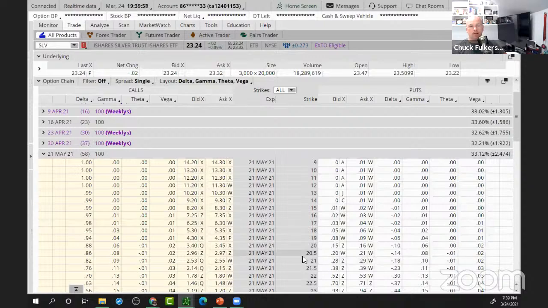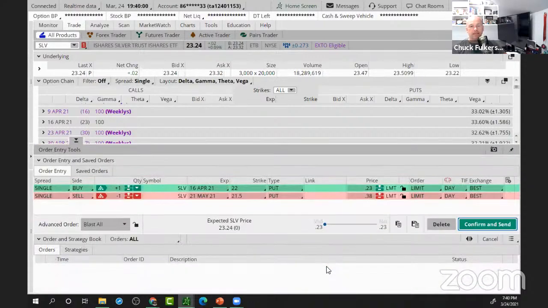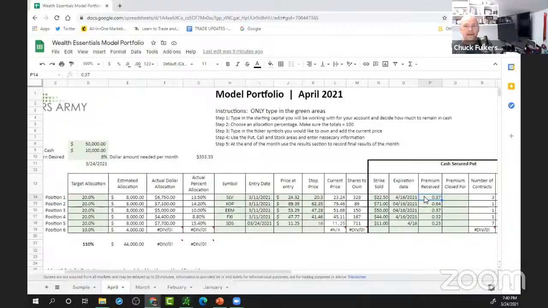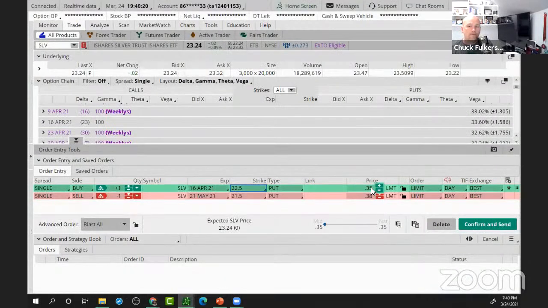And let's sell the 2150s. That's actually better because I don't really want to buy it back for a profit. I want to buy it back as close as I can to a break even. So if I sold it for 37 cents, I buy it back for 35 cents. I still make 2 cents.